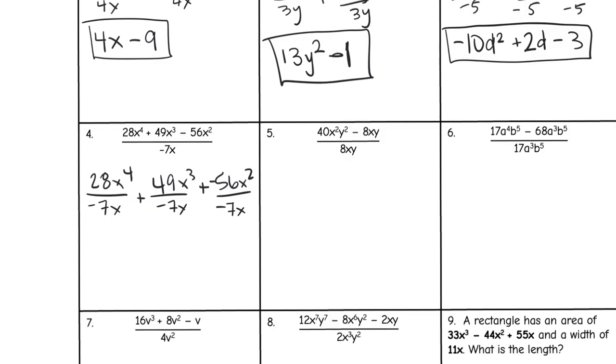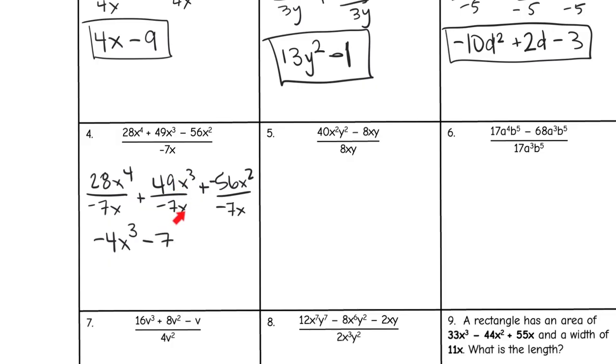But on our first term, 28 divided by negative 7 gives me negative 4. And x to the fourth divided by x to the 1, 4 minus 1 will be x to the third. Okay, then I'm going to do 49 divided by negative 7. That will be negative 7.